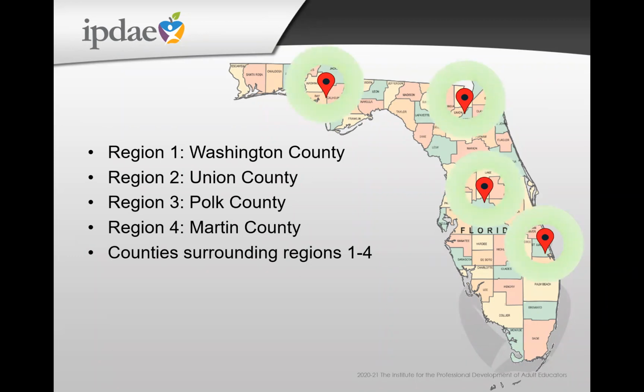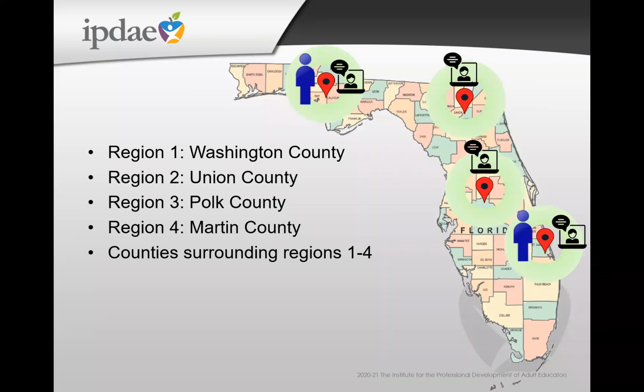Another thing that I'm excited to share with you is that really and truly, it doesn't really matter where we're going because all of these workshops are happening virtually, okay? In addition to that, we're also conducting simultaneous virtual and in-person workshops in Region 1, Washington County, specifically in Vernon, and also in Region 4, Martin County, specifically at the Indian River State College facility.